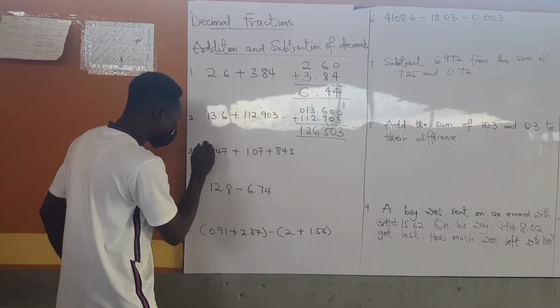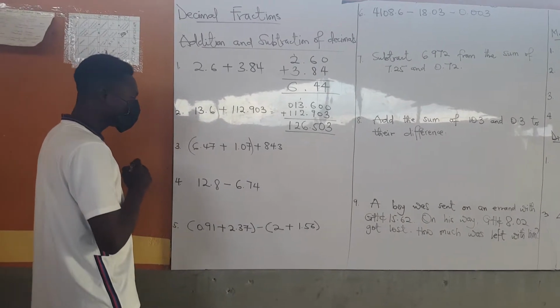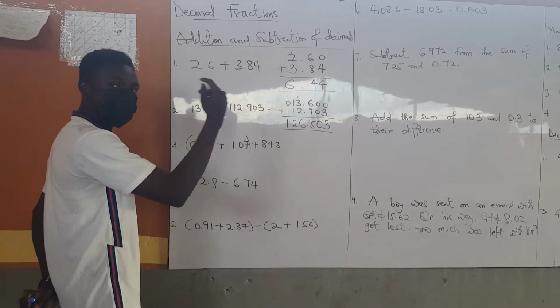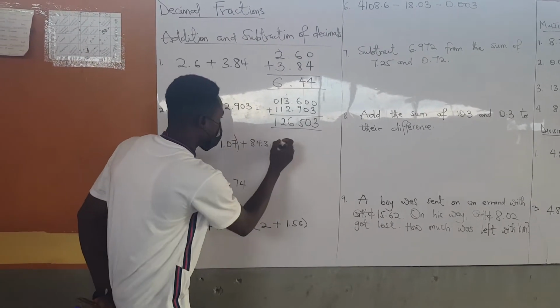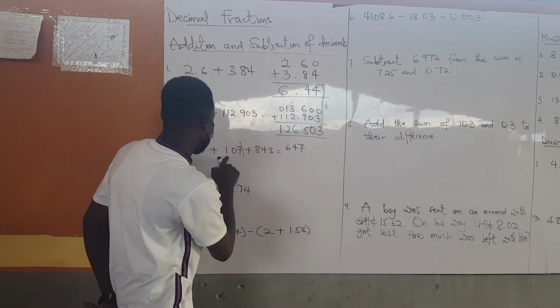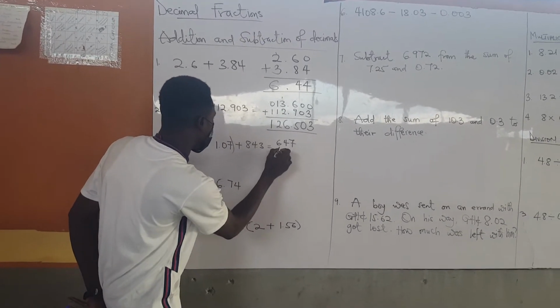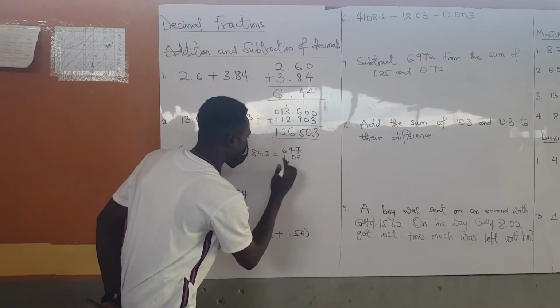So let's say I want to perform the operation for this. How do I do the operation? Decimal under decimal. So I'm going to say this is 6.47. Then here I have 1.07.